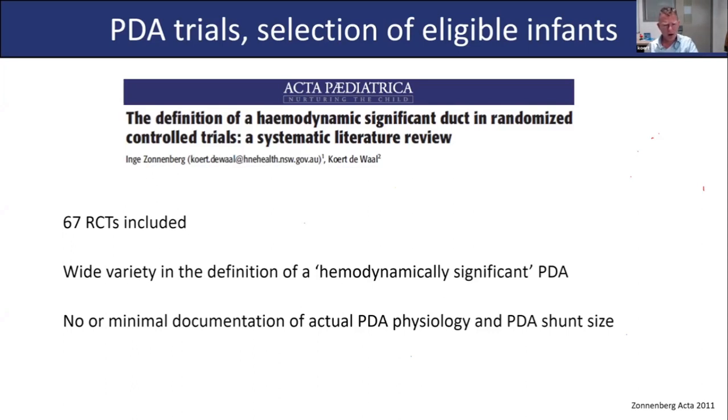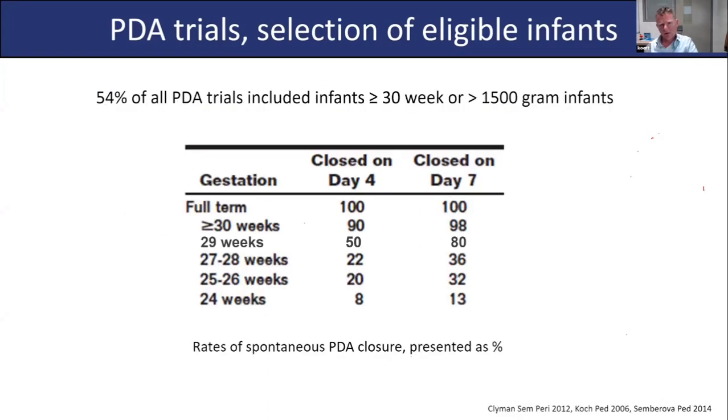She found a wide variety in what people called a hemodynamically significant PDA in the trials. And some trials had no or minimal documentation of actual PDA physiology and PDA shunt size. Second to that, she also found that over half of all the trials included infants which were 30 weeks and above, or 1,500 grams and above.